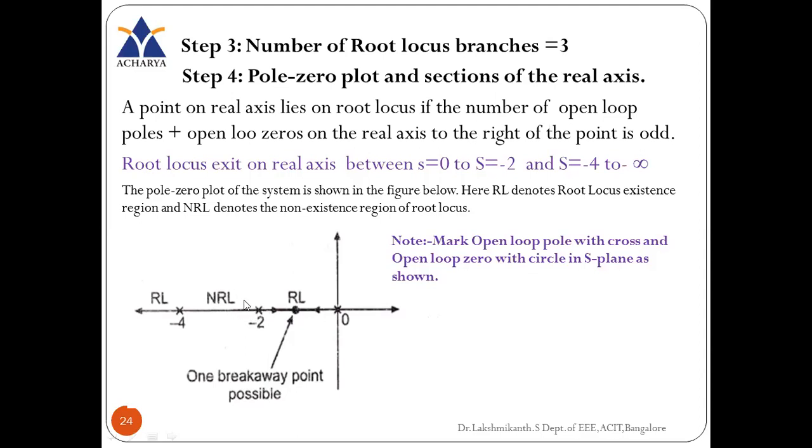Therefore, you can see here NRL, no root locus. Again, after minus 4, take a test point and count how many open loop poles and zeros are there. It is 3: 1, 2, and 3. So it is an odd number, therefore root locus exists, and this continues till infinity. Therefore, you can see here the root locus exists on the real axis between s equal to 0 and minus 2, and s equal to minus 4 to infinity. So this dark portion is my segment of the root locus.